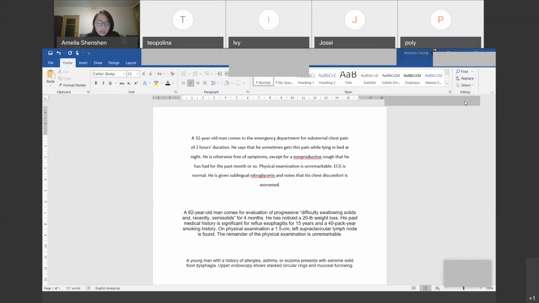Regardless, stable angina or unstable angina, they're thinking of angina. So that is why they give nitroglycerin, thinking that it will help. But lo and behold, it did not help. And what's worse, the chest discomfort becomes worse and is not even getting better. So what is the problem here? Is it CVS? Is it a GIT problem?